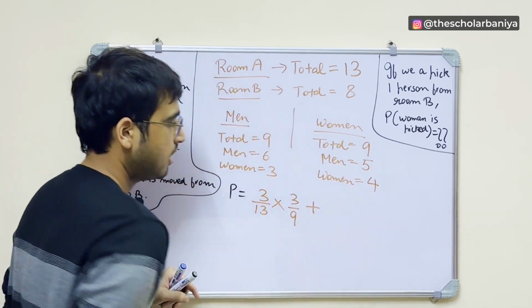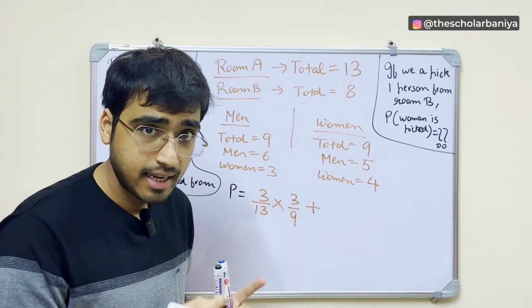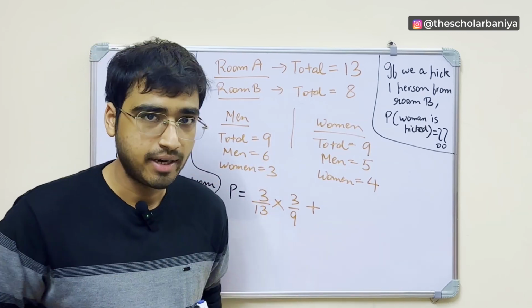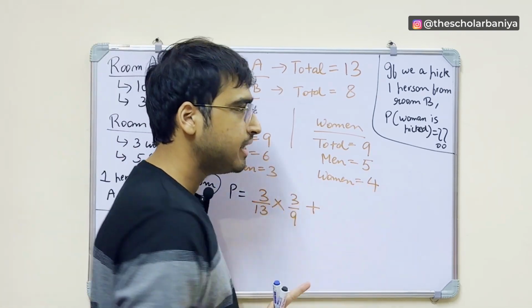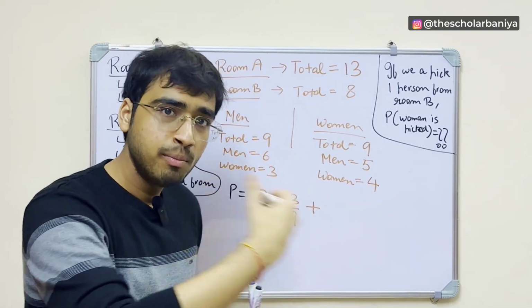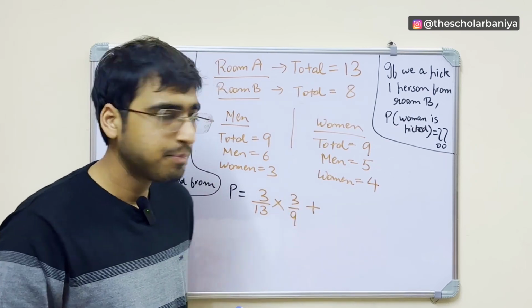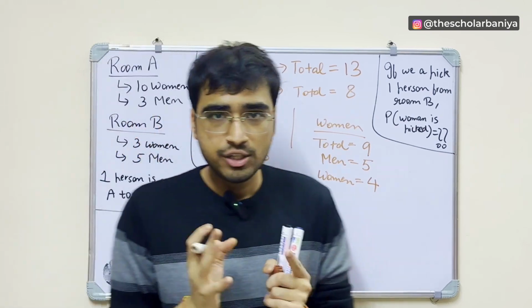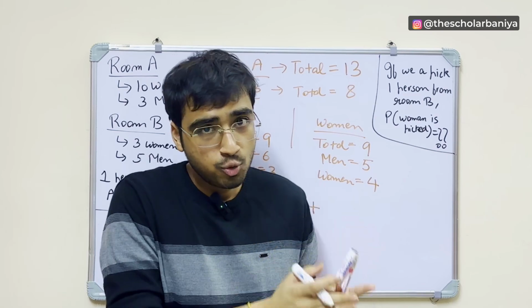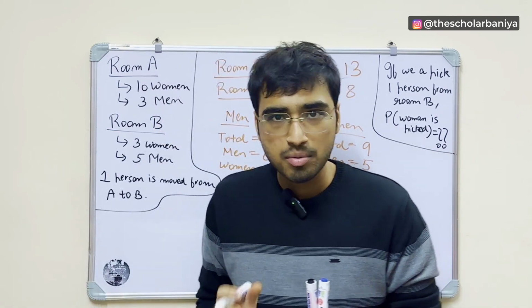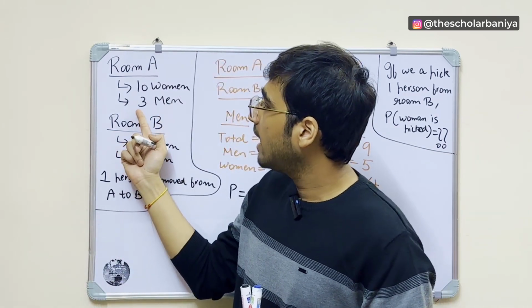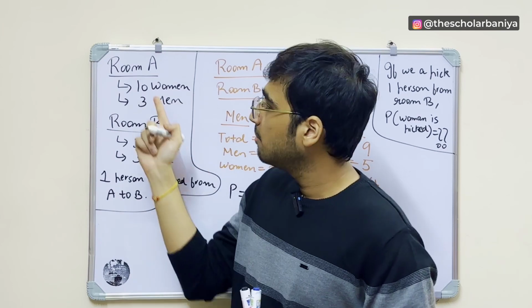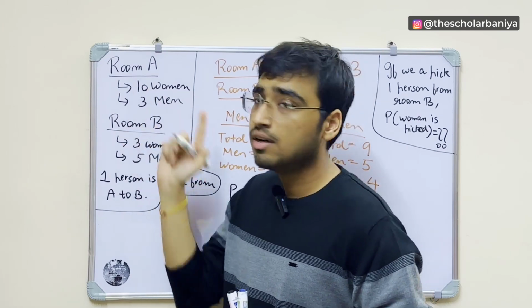Plus, this can be one case, the case where initially a man is picked. But the second case can be that initially the woman was transferred from room A to room B. The probability of that is 10 upon 13, because there were 10 women and a total of 13 people.